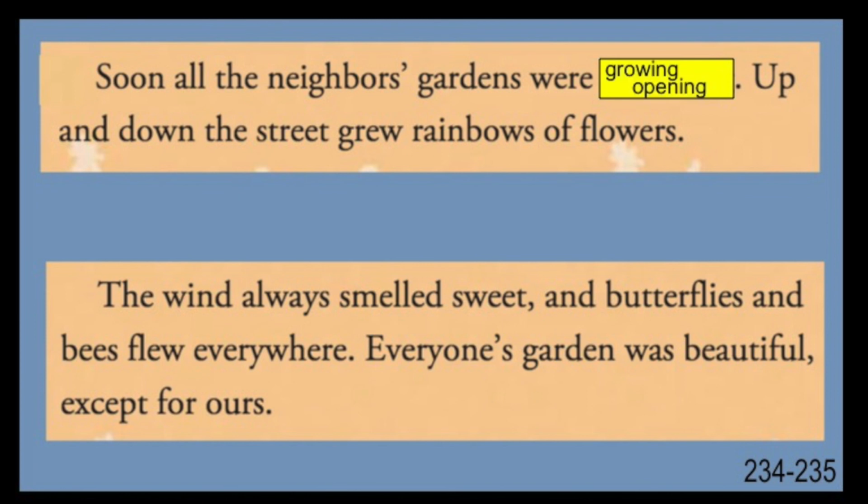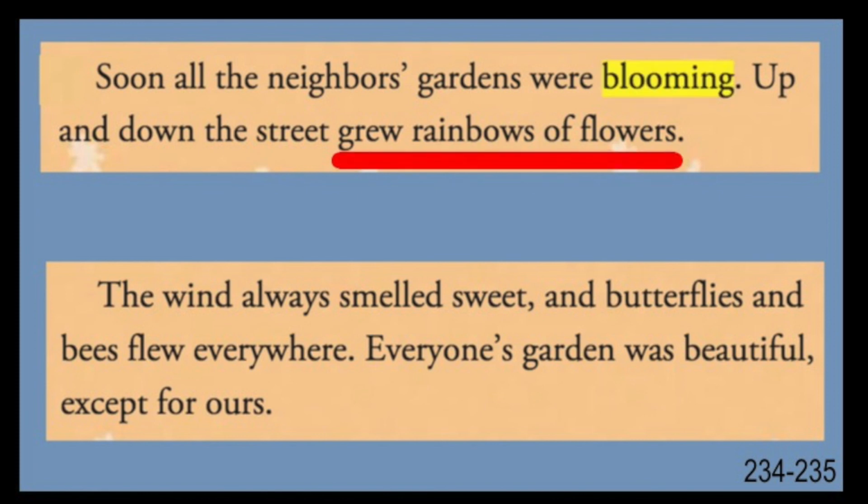Yes, growing or opening would fit in these boxes because later in the sentence it says that down the street grew rainbows of flowers. So we know the neighbors' gardens weren't dying because of the rest of the sentence. Another way to say growing or opening is blooming. Growing or opening could be synonyms for blooming.